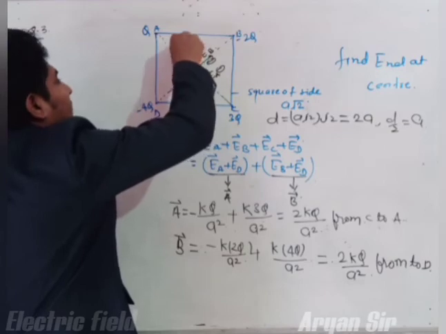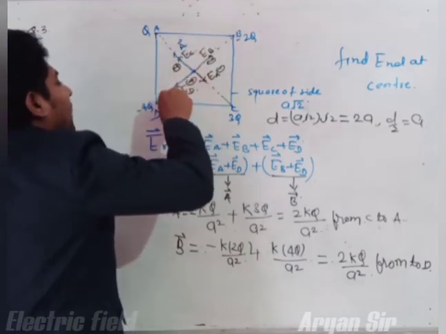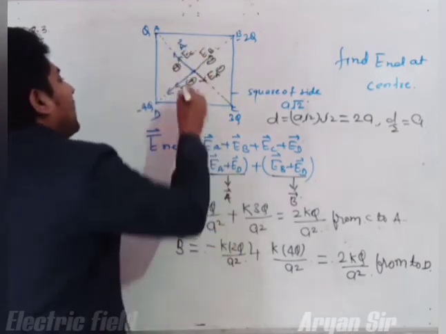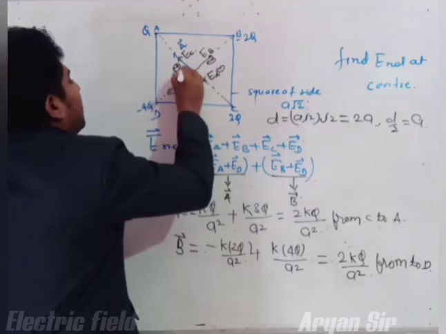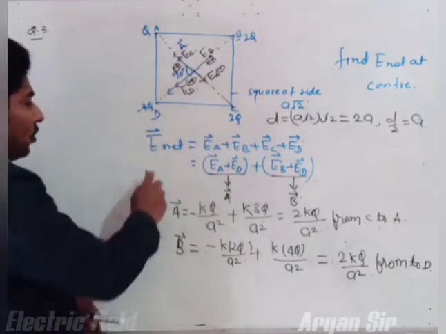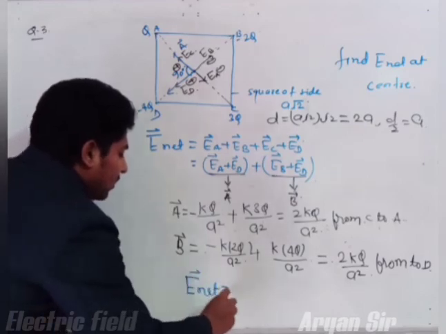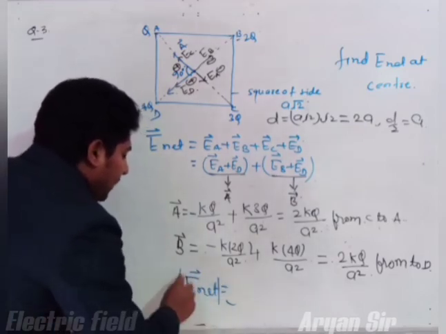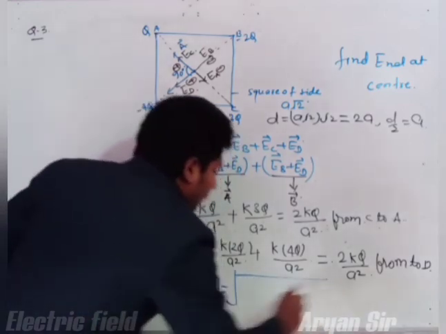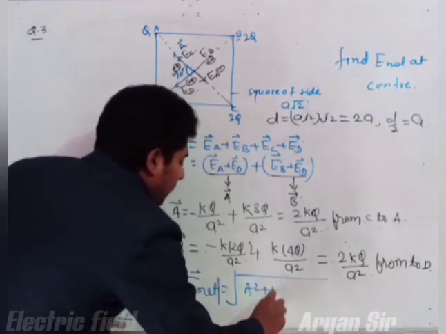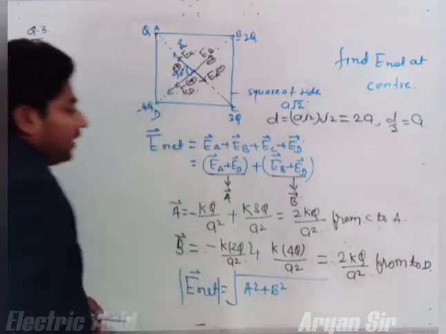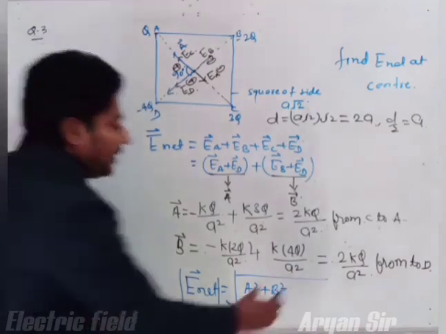Now what we have observed is that A vector is acting in this direction, and B vector is acting in this direction, and the angle between these two vectors is 90 degrees. So E net will be what? The magnitude of E vector will be the square root of A square plus B square. Why? Because these two vectors are perpendicular.